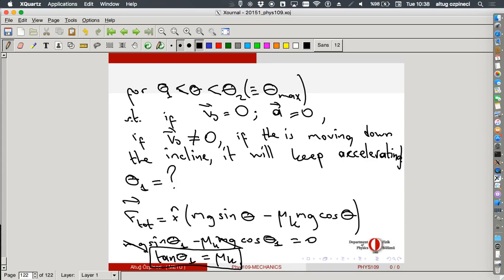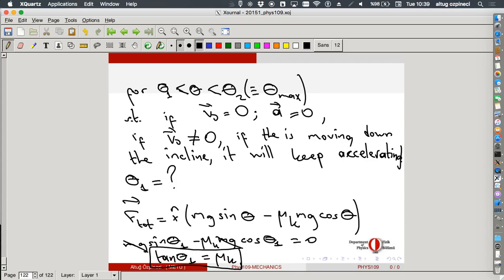Are you trying to say that, let us say you place an object on an inclined plane and the object accelerates downwards? As the object is moving, you push the inclined plane downwards, there will be an imbalance between mg sin theta and mu k mg cos theta, so it will decelerate.